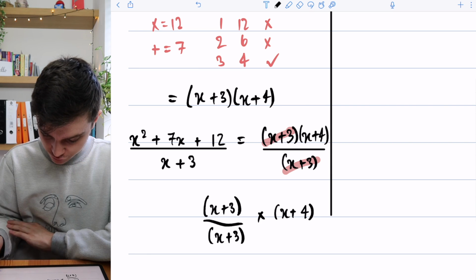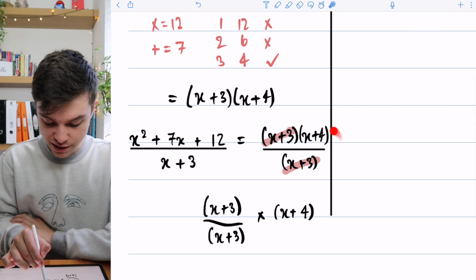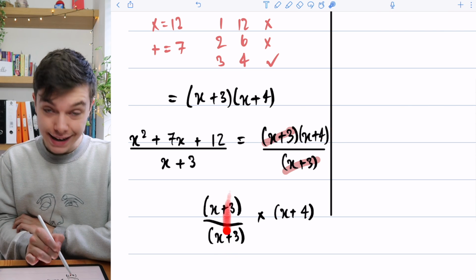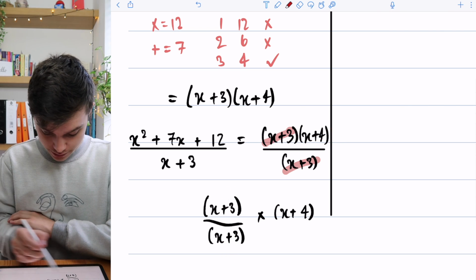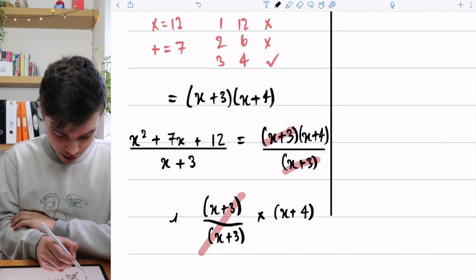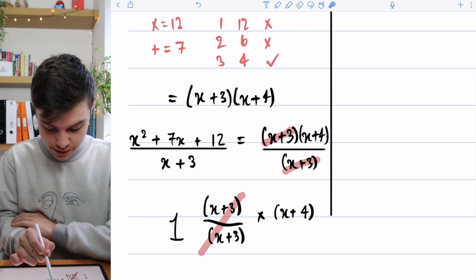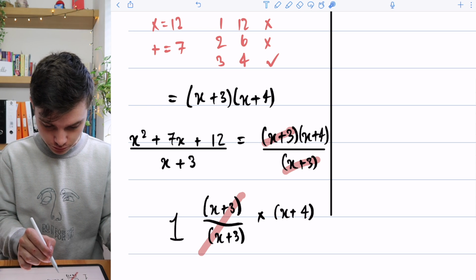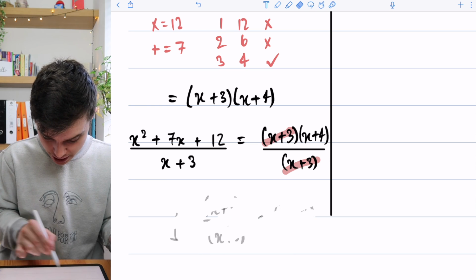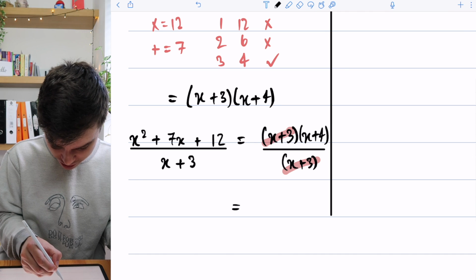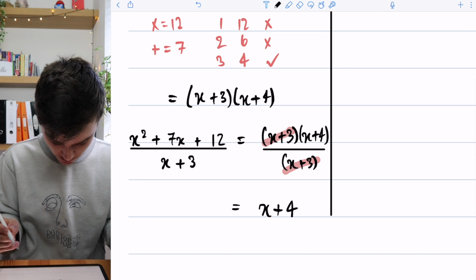If we bring that x plus 4, this bracket here, out, this then clearly gives me 1, just to leave me with x plus 4. That's why we can do this cancellation here, okay? So let me just get rid of that, and that leaves us with x plus 4, okay?